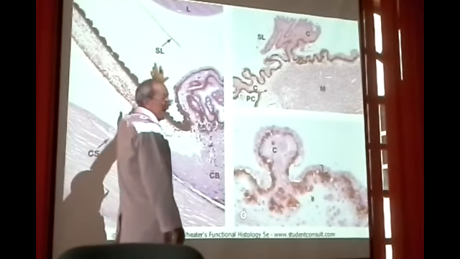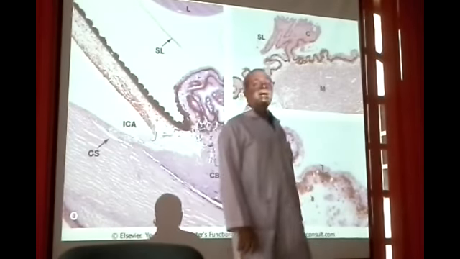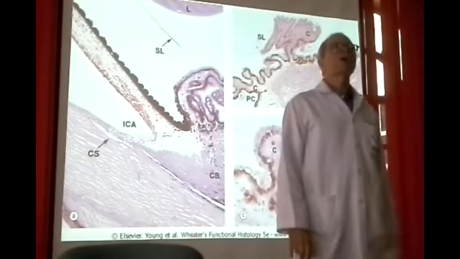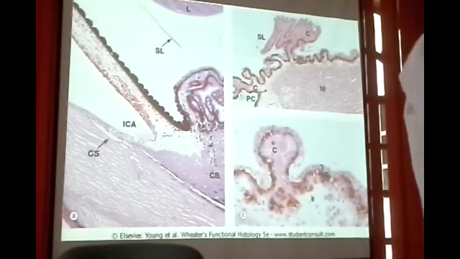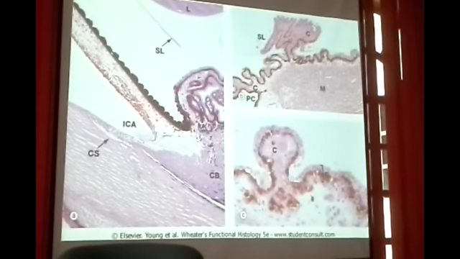What is present inside the lens? Lens fibers. Who forms the lens fibers? The subcapsular epithelium. At what site in the lens? The equator. Is the formation of lens fibers continuous all over life with age?